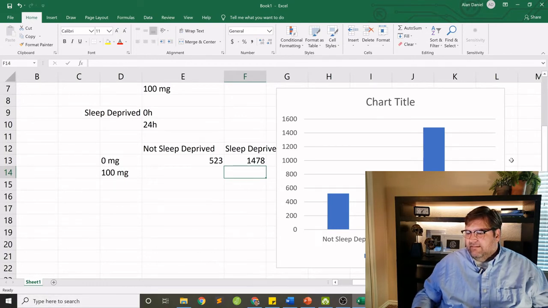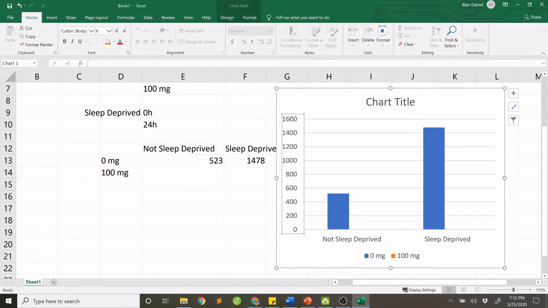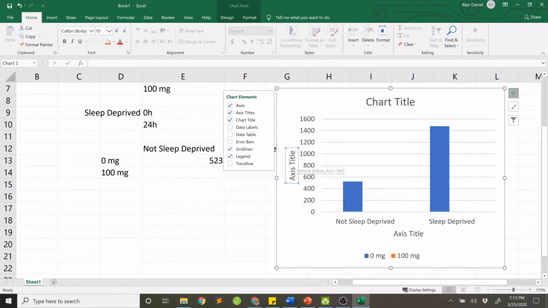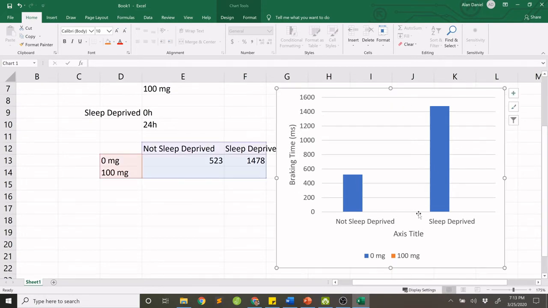On our graph, you can see if they weren't sleep deprived, they were much faster than if they were sleep deprived. This is the amount of time it took. So we're going to add an axis title here: breaking time in milliseconds.